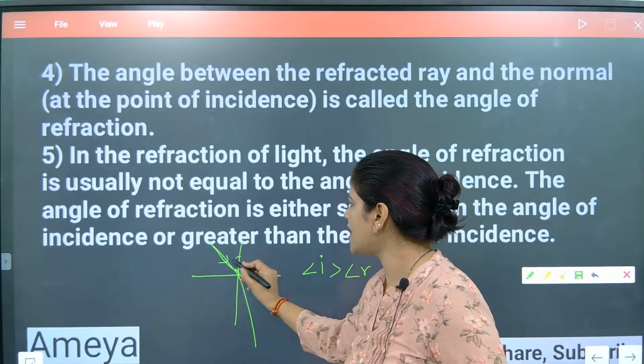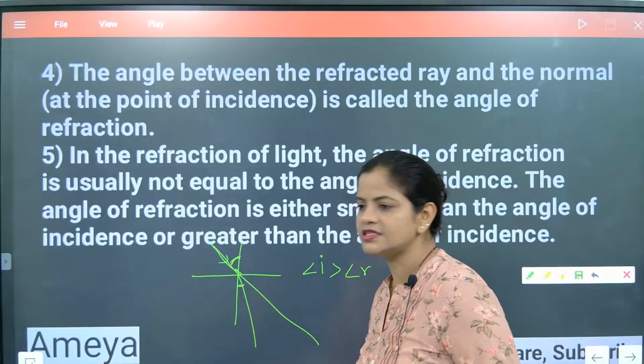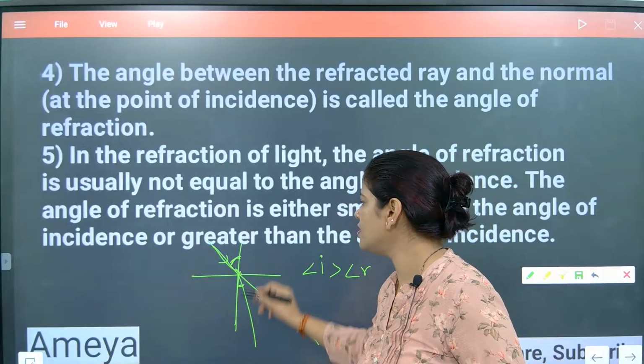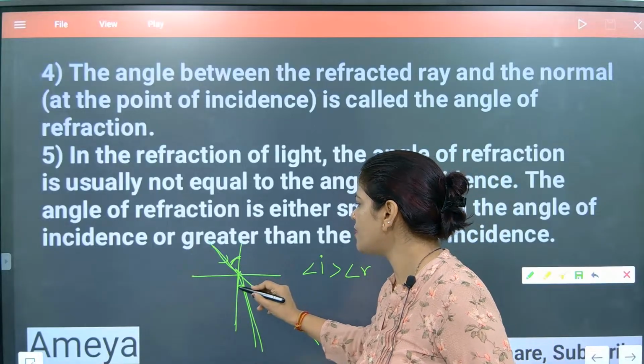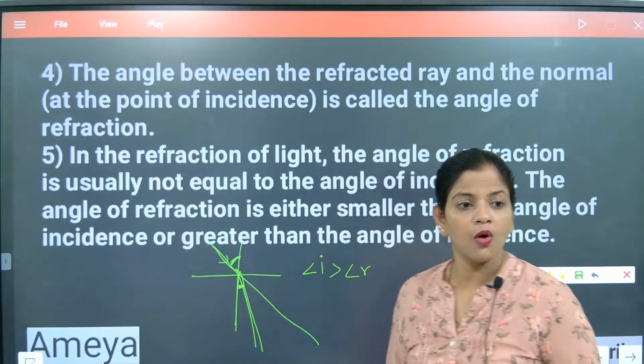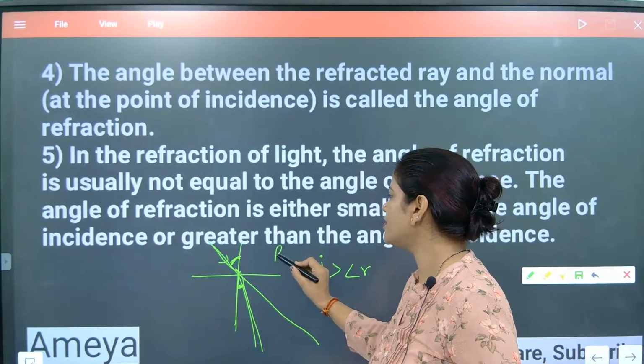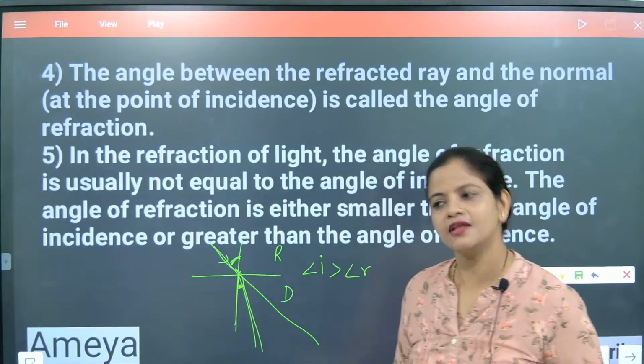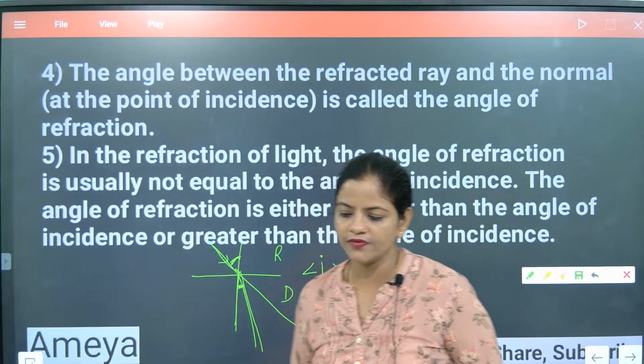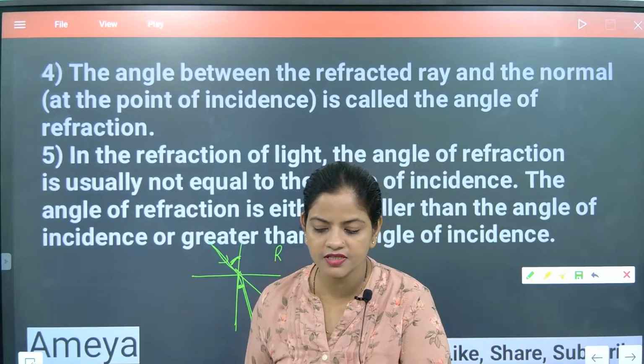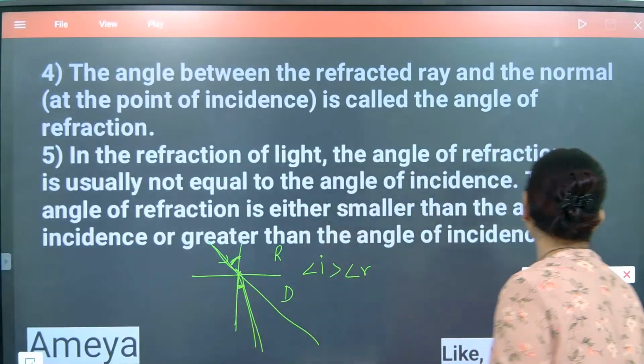Understood? So this angle is more and this angle is less. The angle between the normal and the refracted ray is less when we are going from a rarer medium to a denser medium. I hope children you might have understood this part.